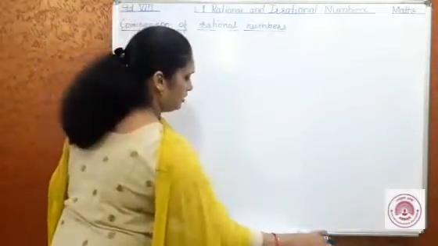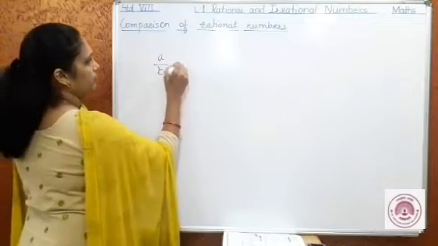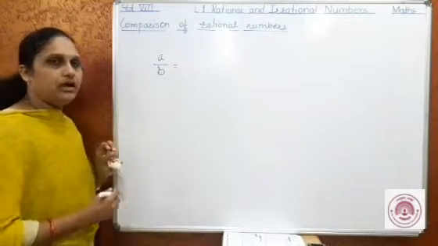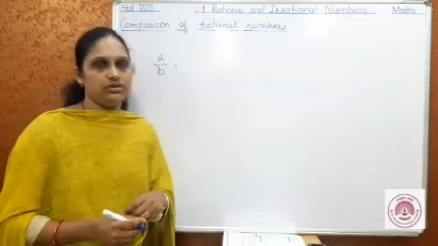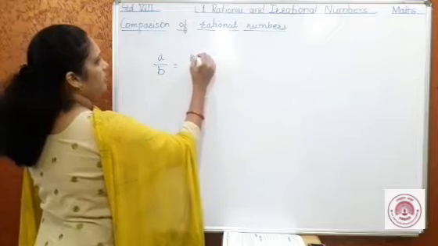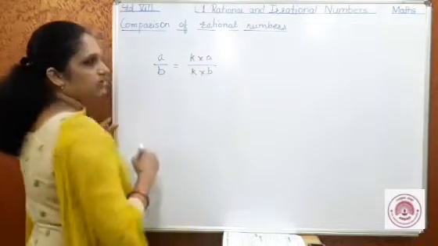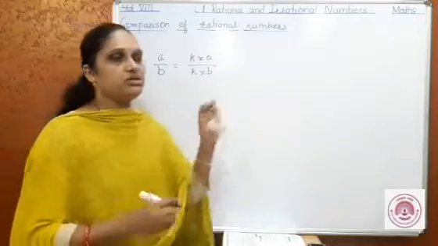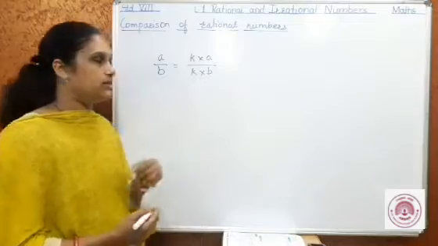If I write a rational number, suppose a upon b, and if I multiply this rational number by any non-zero number, suppose the non-zero number is k, so if I write k into a upon k into b, then the value remains the same. I'll explain this with an example.